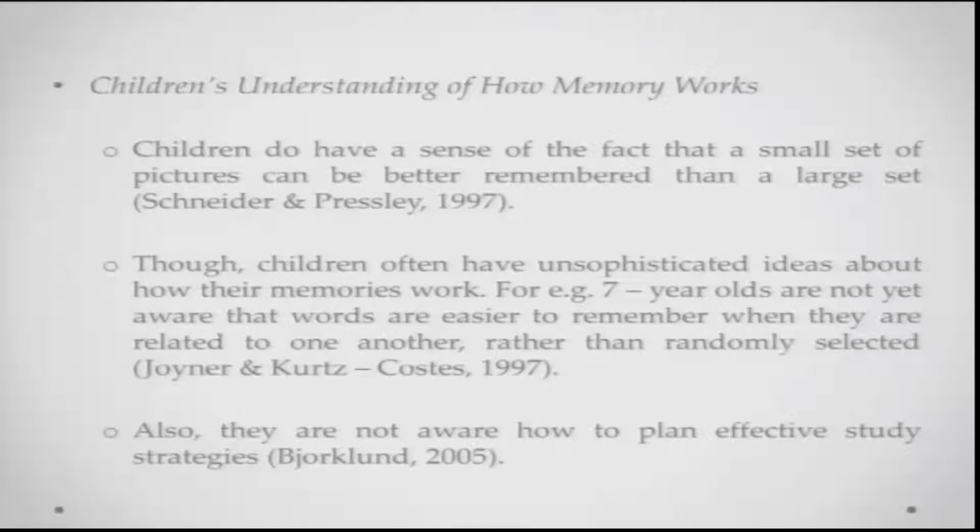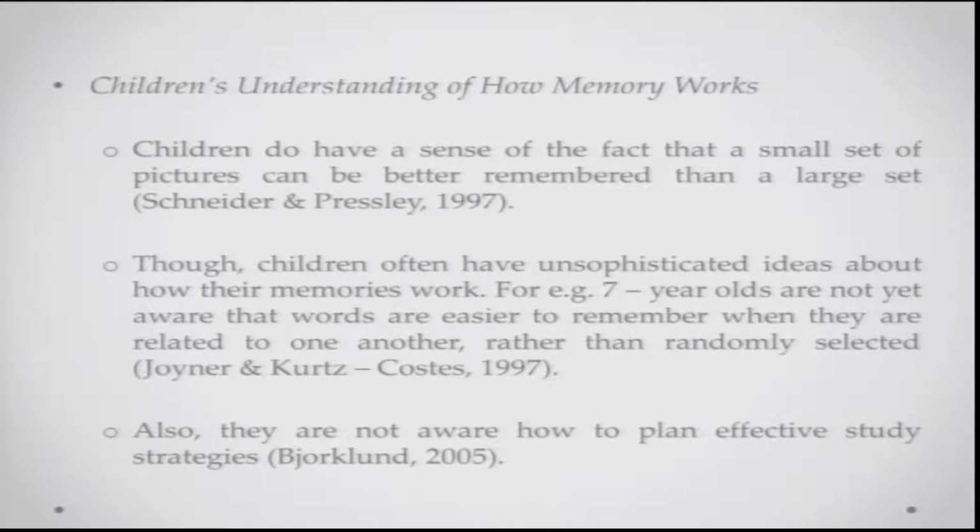Now, let us talk a little bit about children's meta memory. Meta memory would include how they understand how memory works. So, children do have a sense of the fact that a small set of material or small set of pictures or objects can be remembered better than a larger set. Though children often also have unsophisticated ideas about how their memories might be working.